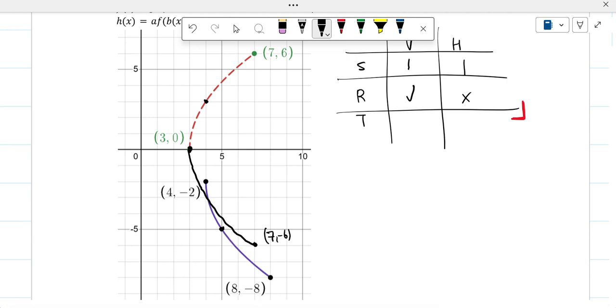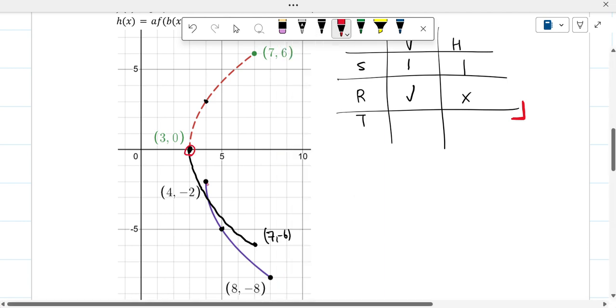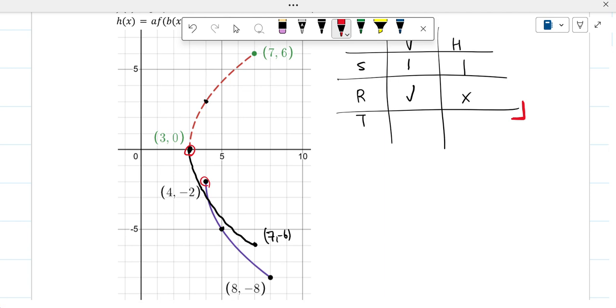After I graph this halfway-transformed graph, then I can find a vertical and horizontal translation. Let's think about the translation from the perspective of this point 3, 0 and 4, -2. Ideally, if you did the first two steps correctly, the translation of all the points must be identical as well.